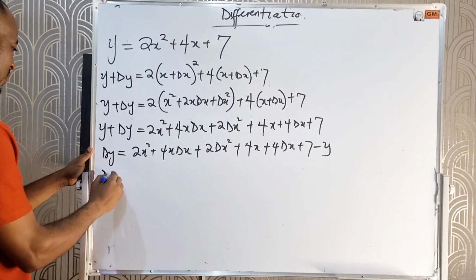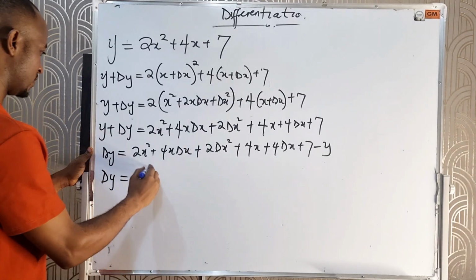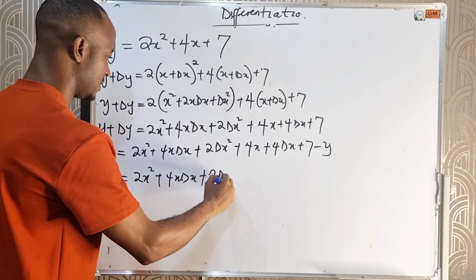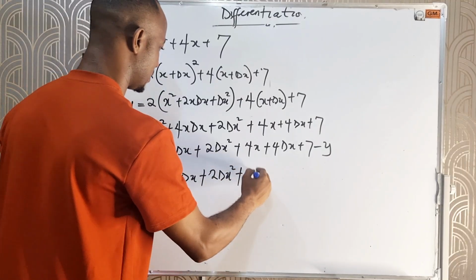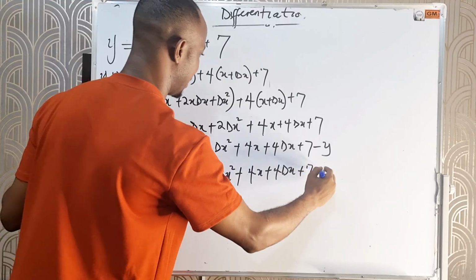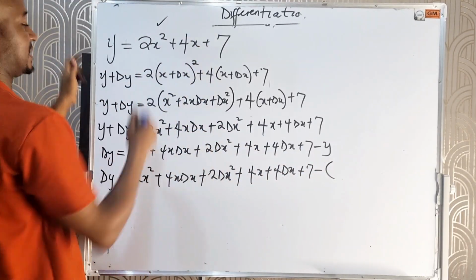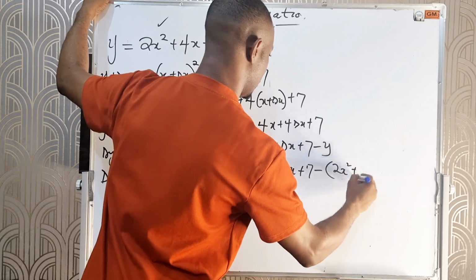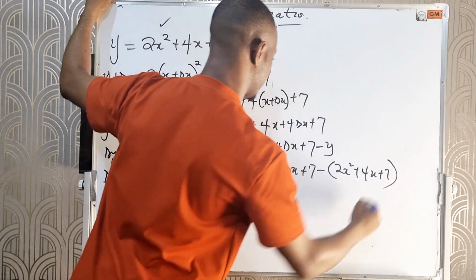So what we have here, delta y equals 2x squared plus 4x delta x plus 2 delta x squared plus 4x plus 4 delta x plus 7 minus y, where y is given as this, right? Here becomes 2x squared plus 4x plus 7.